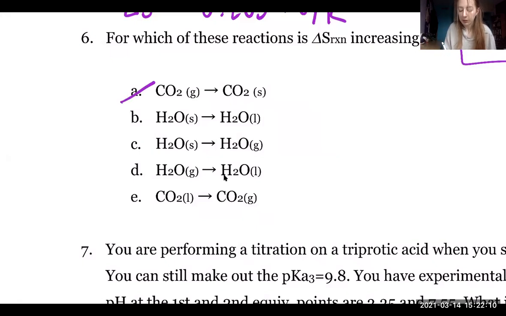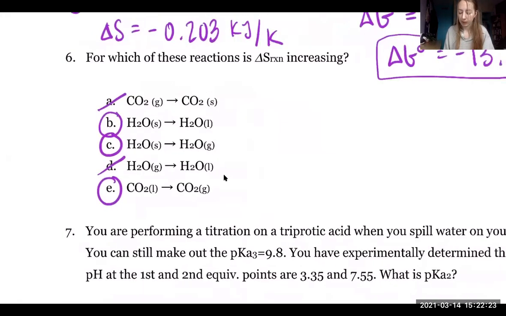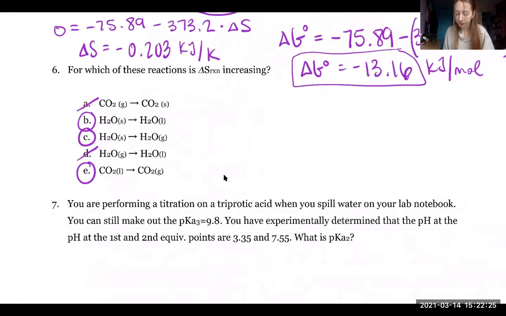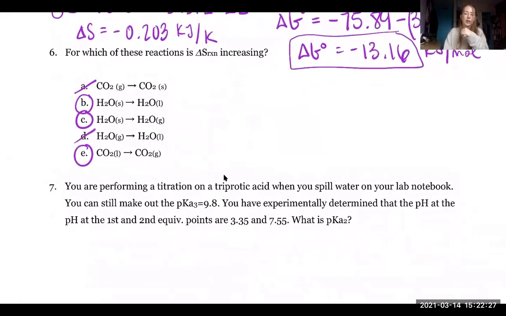Going from a solid to a liquid will be increasing. Going from a solid to a gas, also increasing. Gas to a liquid will be decreasing. And then liquid to a gas, again increasing entropy. Okay, any questions before I move on?